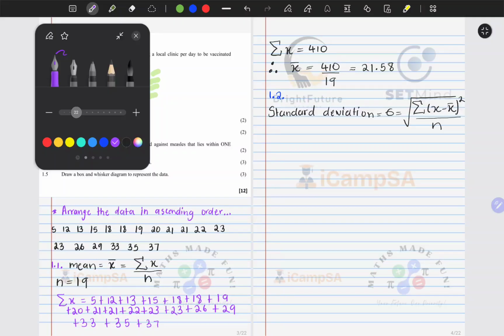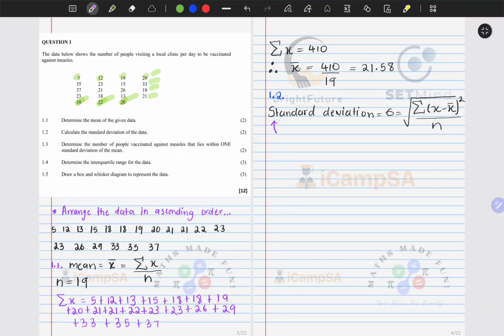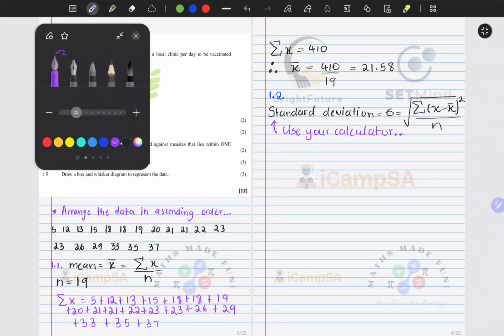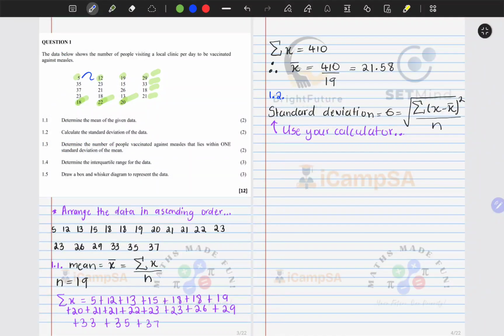So what I suggest that you do whenever you're looking for your standard deviation is use your calculator. There's a way which when you go to your calculator, you put in all these numbers. You put in a table, you put in your 5 until the end, then you can do shift and then find your standard deviation.